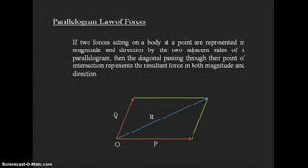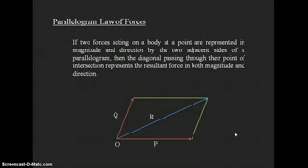This resultant force is equal to the resultant of P and Q in magnitude and direction. If we draw these two forces with a particular length related to the force value, then the length of this diagonal will be equal to the resultant force. So this is the statement of the parallelogram law of forces.